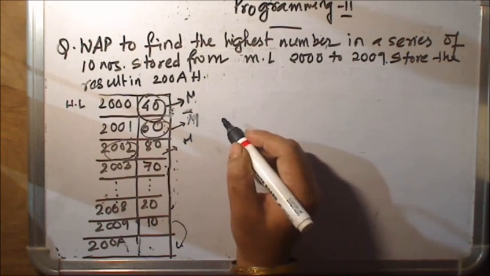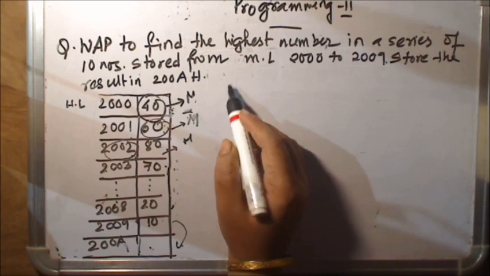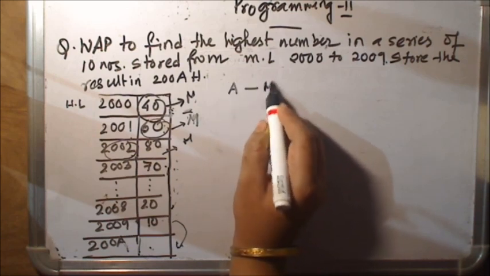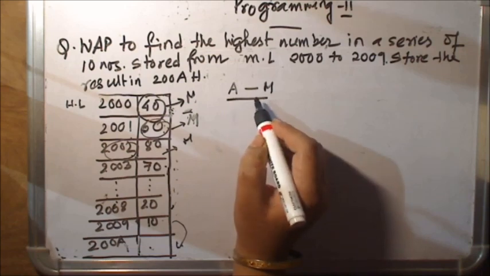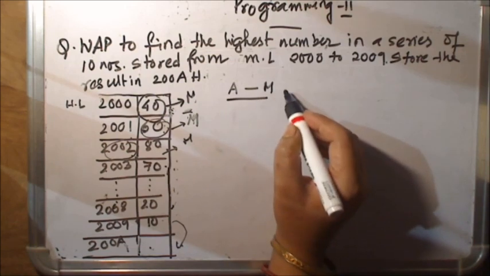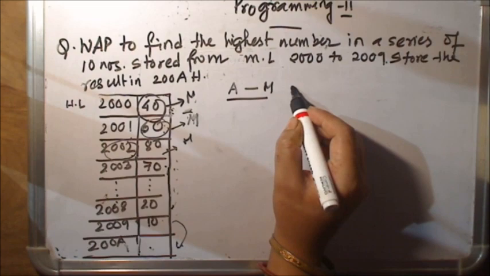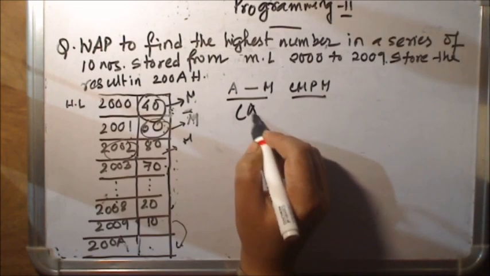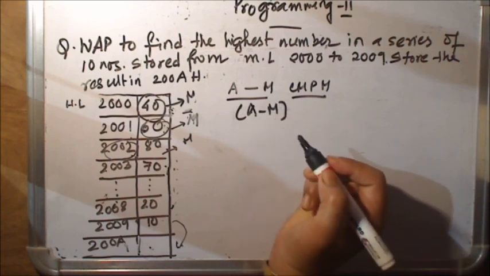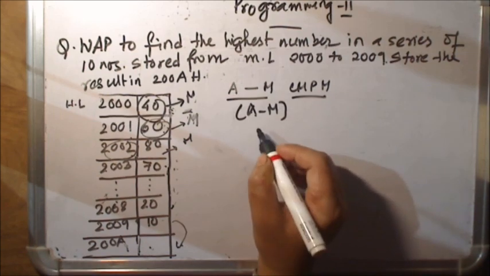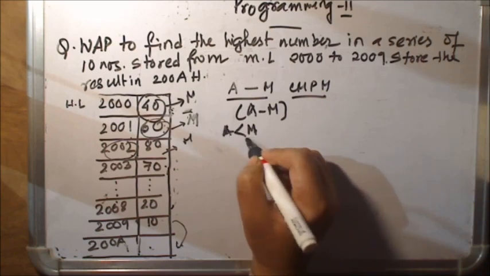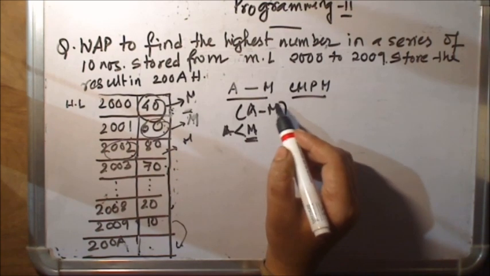Now after the initialization is over, we will compare A with M. Compare means subtraction. So when you write CMP M, you are basically doing A minus M, right? So if A is less than M, that is if M is greater than A, you've got a new higher number.